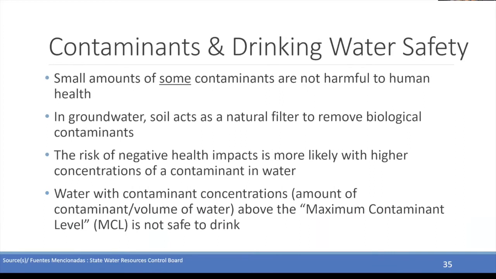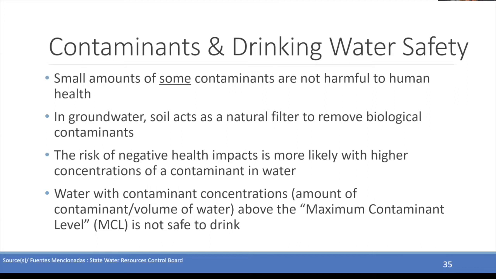On slide 35, contaminants and drinking water safety. In some cases, small amounts of some contaminants are not harmful to human health. In groundwater, the soil can act as a natural filter to remove the biological contaminants.